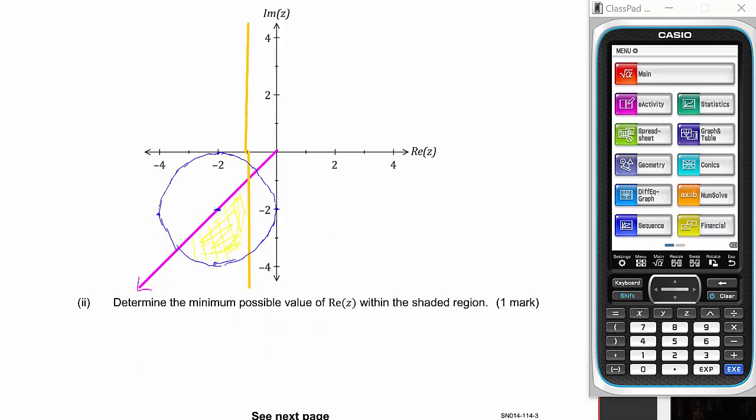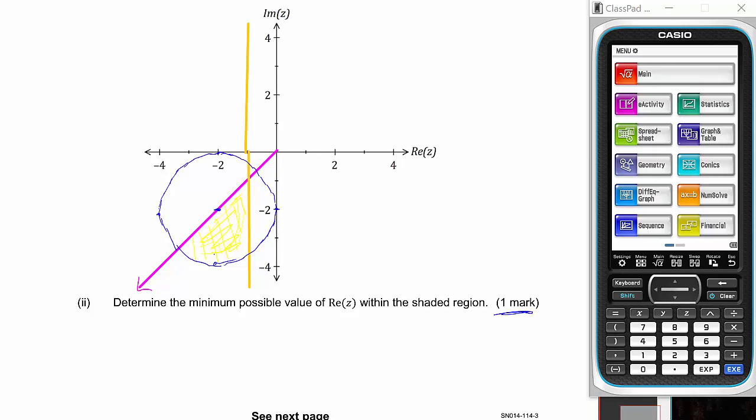Determine the minimum possible value of Re(z) within the shaded region. Now this is actually genuinely quite difficult. It also is something where this 1 mark is really quite contingent on you having got the other bit right, because if you actually shaded this region or this region, you simplify it too much to actually get that 1 mark.